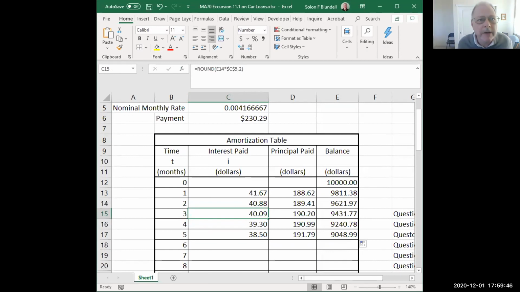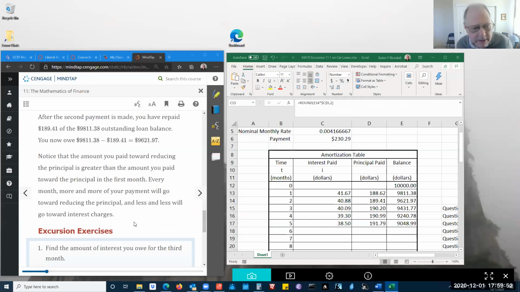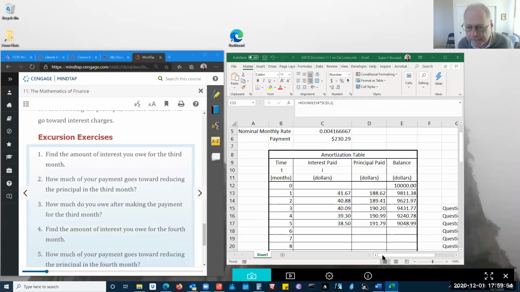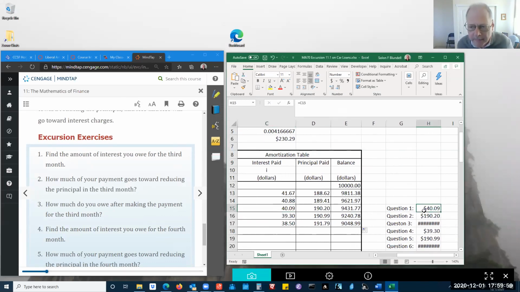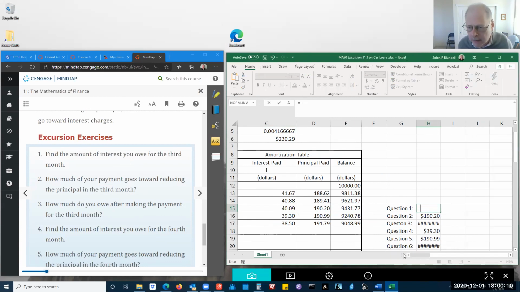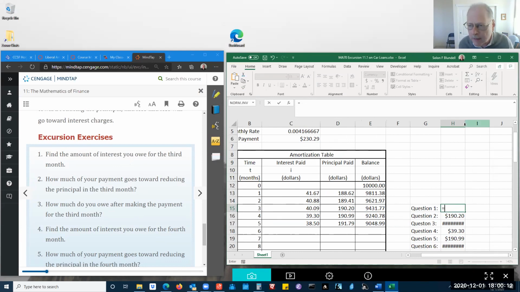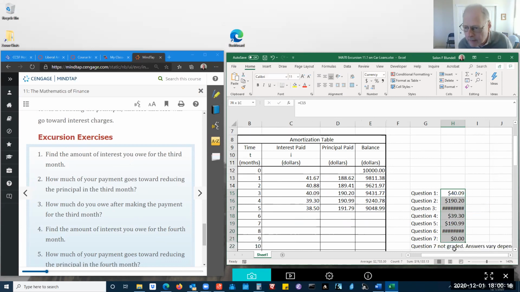All right, so going to the questions in the assignment. Find the amount of interest you owe for the third month. I just came down to, well, let me just delete these for now.